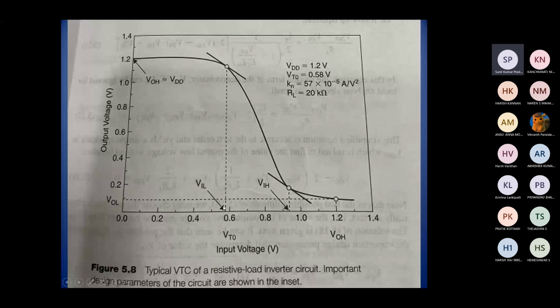After the threshold voltage, the voltage transfer characteristic starts to decrease. So that means up to the threshold voltage, the curve is nearly parallel to the x-axis, but after that it starts to decrease. And after that it finally comes to saturation. So this is the voltage transfer characteristic of the resistive load inverter.